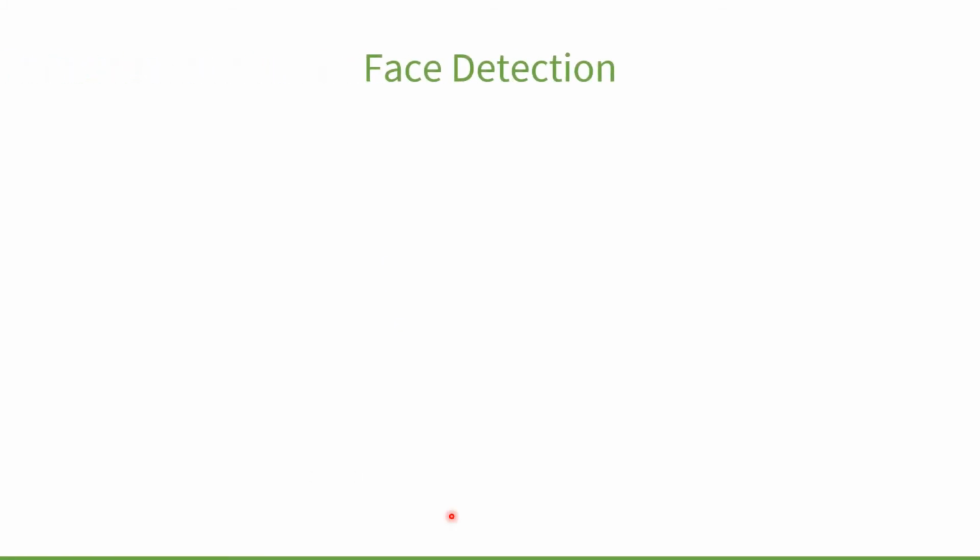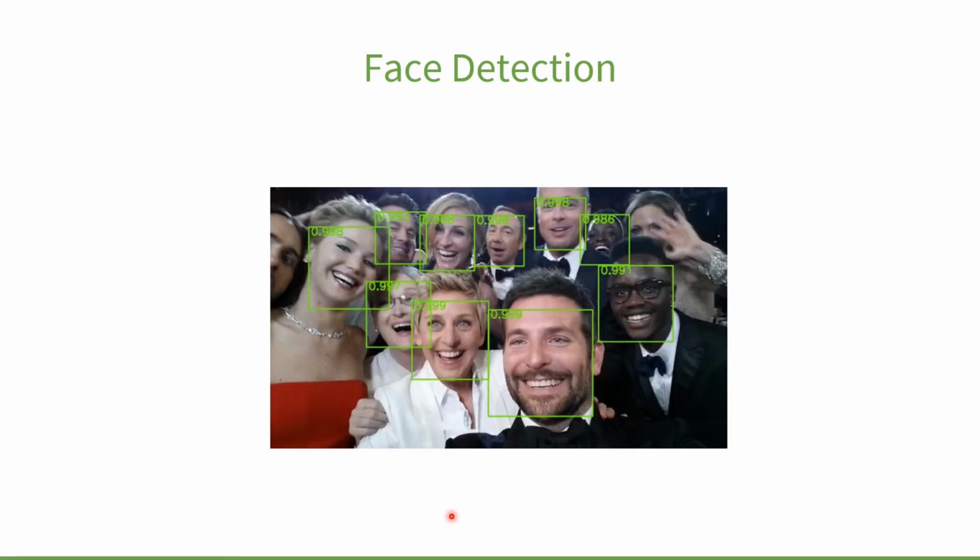Now we are going to see face detection. It is one of the interesting and amazing things we have seen in all mobile applications. Face detection is nothing but finding the coordinates where the face is present in an image.